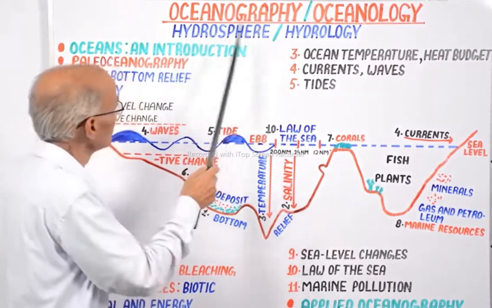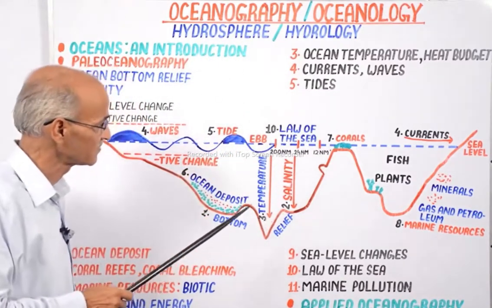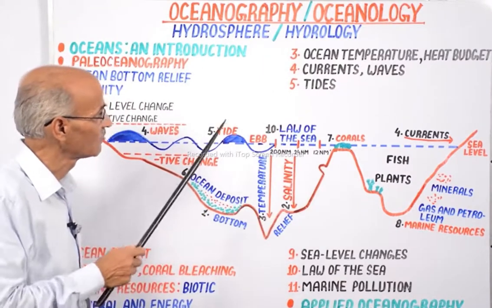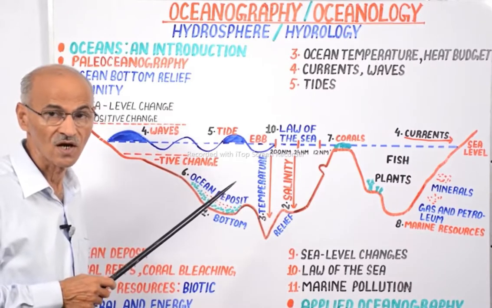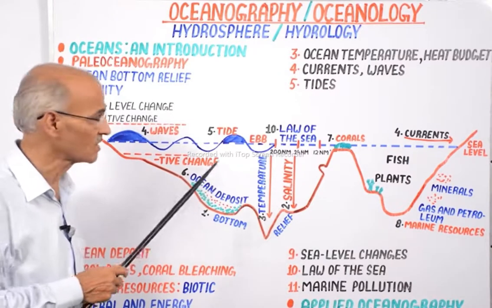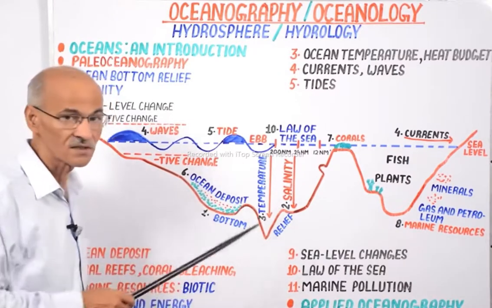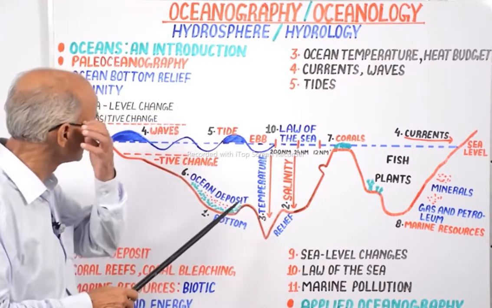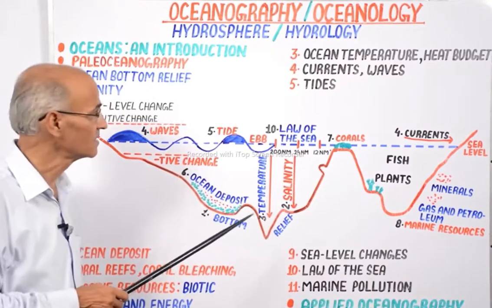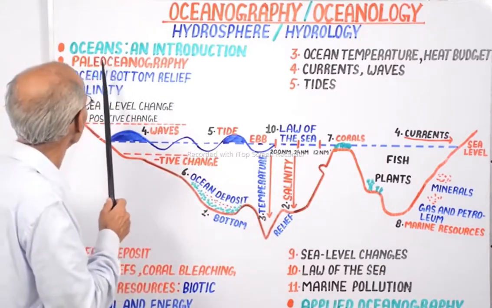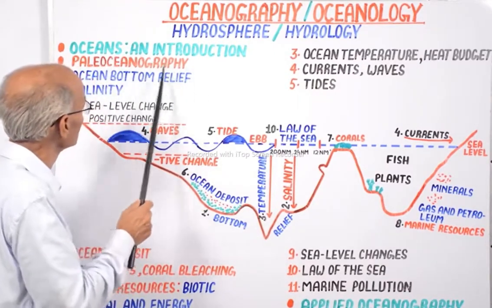So now UPSC has prescribed a number of points in the civil services course, and other commissions have prescribed nearly this course, and this is sufficient for undergraduate as well as PG students. The first chapter is Oceans: An Introduction.